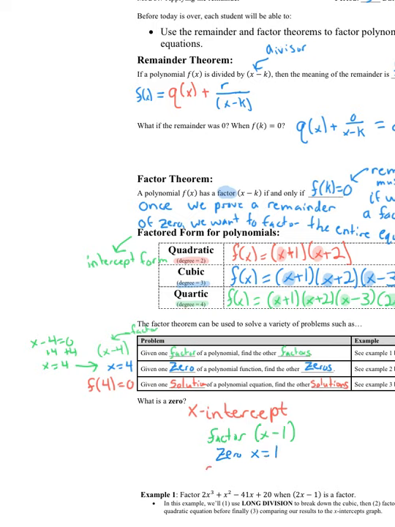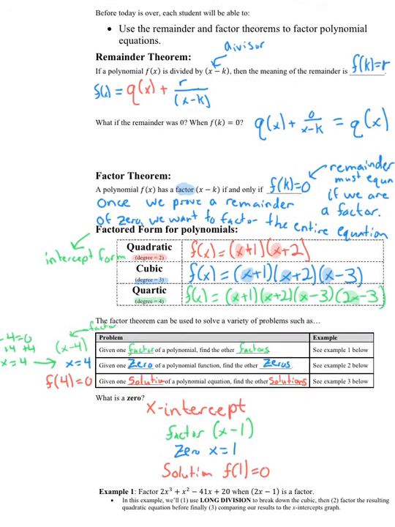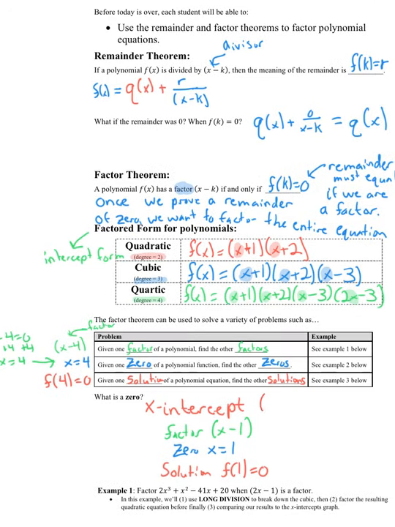The solution would be f of 1 equals 0. And if we wanted to write an x-intercept, the x-intercept for this one would be (1, 0). You can see that they're written slightly differently, but they all mean pretty much the same thing. We see that same theme. We have to know how to identify each type of problem here.